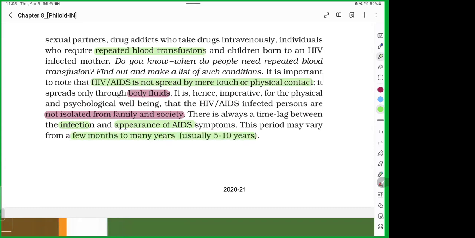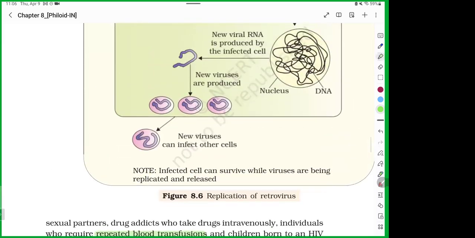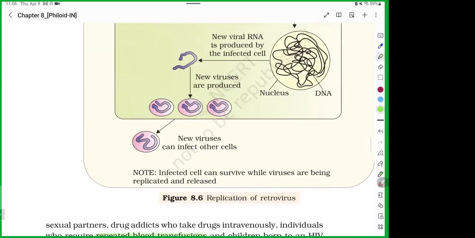That's the problem. If two people are having physical contact and they were not having any symptom now, after 5 years we get to know that one of the partners had HIV. That's the issue. That's why nowadays whenever we check blood, we make sure that there is no HIV in the blood.